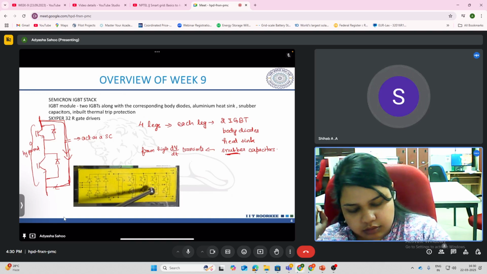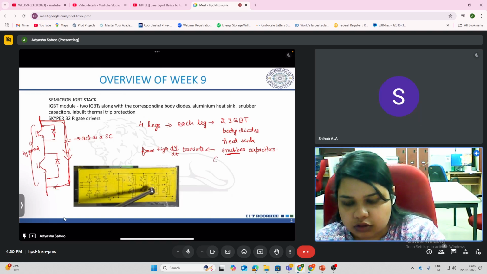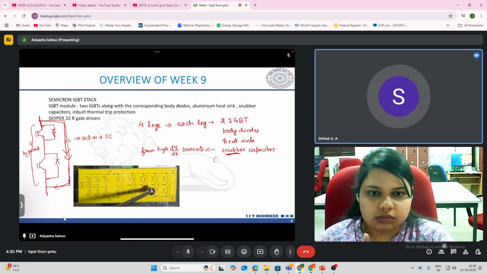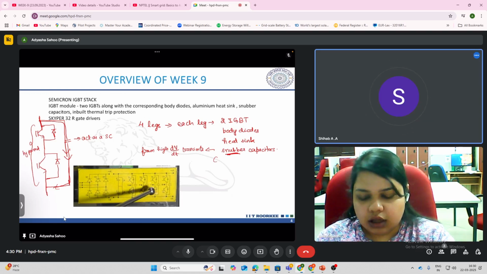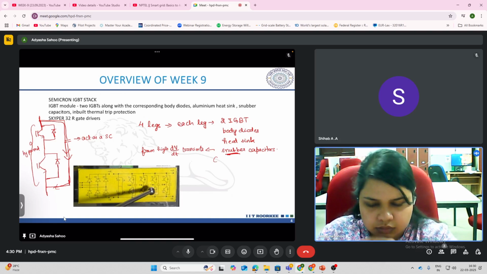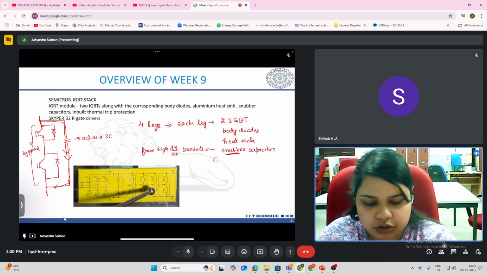The body diode is for the on-off purpose, the duty cycle. It will depend upon the operation, on which set of diodes you are using.